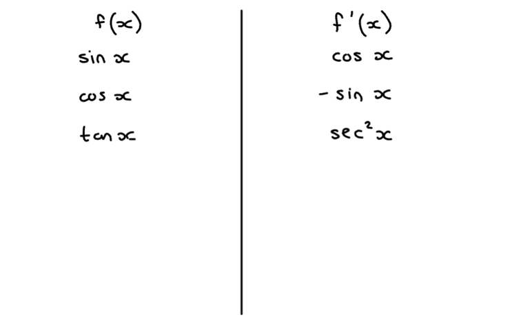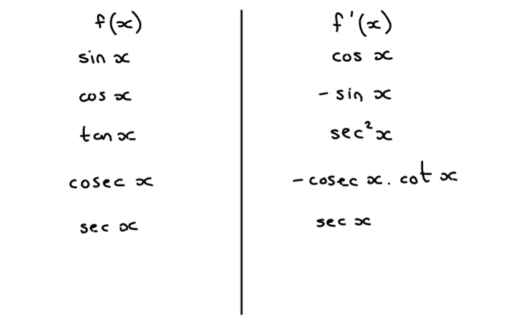The derivative of cosec x we found to be negative cosec x multiplied by cot x. Then we've got sec x, whose derivative we found to be sec x multiplied by tan x. And the derivative of cot x we found to be negative cosec squared x.